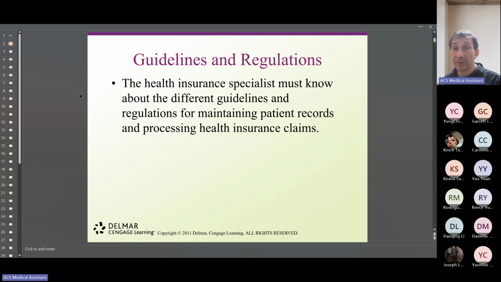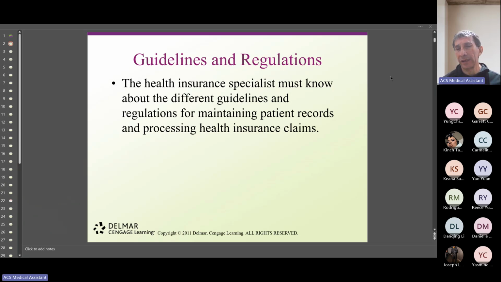So the law is there to protect us in general, not just to protect the patient. It protects everyone, because whoever is at fault is liable for whatever mishandling of the patient's information has been done. So that's basically how it is.